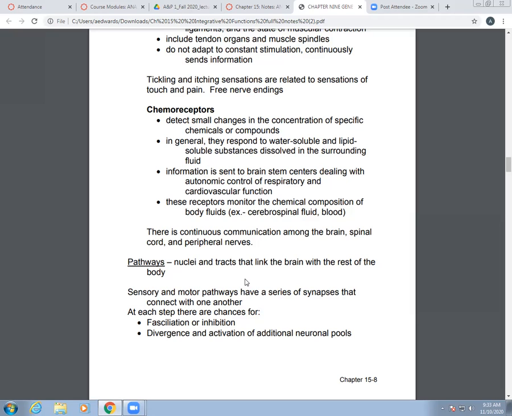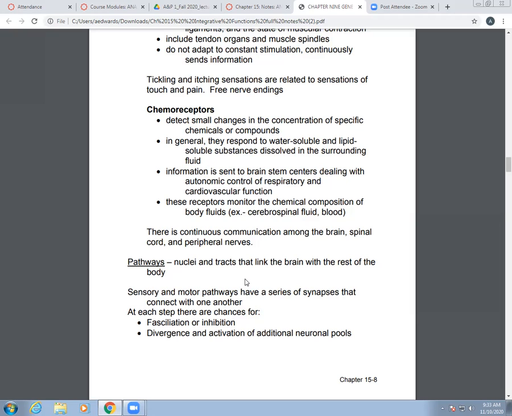So pathways, in this context, mean the nuclei, which are clusters of neuron cell bodies, and tracts that connect the brain with other parts of the body. You have sensory pathways and motor pathways, and they have a series of synapses. Remember, those are the spaces or connections between one neuron and some other tissue.